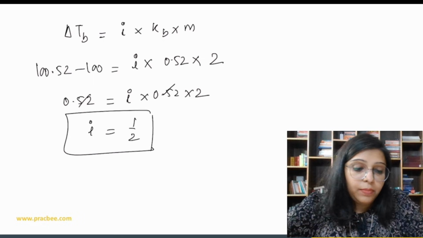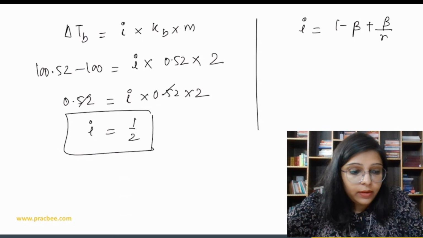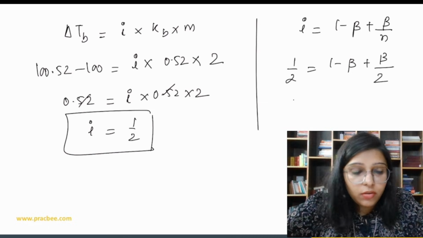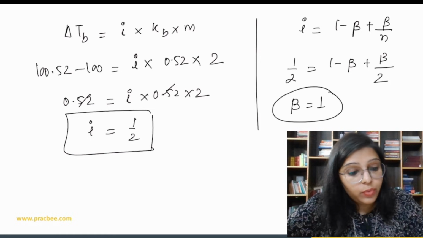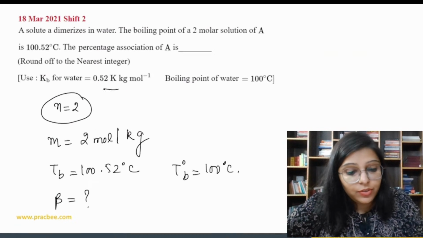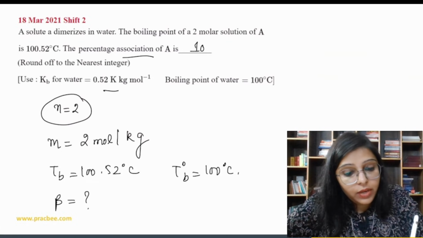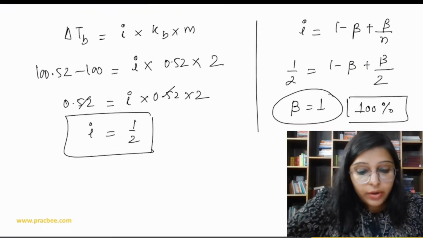Now we are going to use i is equal to 1 minus beta plus beta by n. The n value is 2, so 1 by 2 equals 1 minus beta plus beta by 2. So when you solve this, you get beta value equal to 1. If beta value is equal to 1, then what happened? 100% association, right? So we have to report the percentage association of A. So the percentage association of A is going to be 100. Okay.